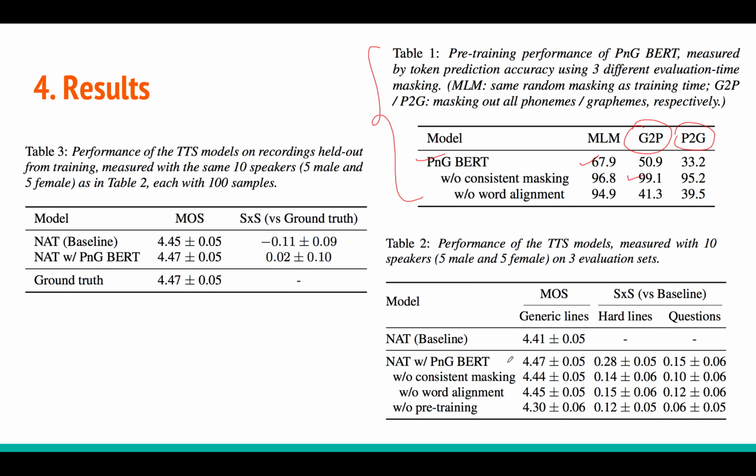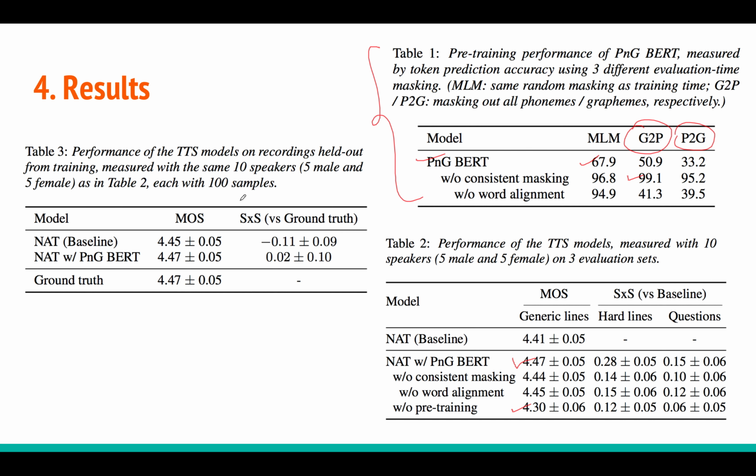If you use NAT with PnG BERT, you are getting close to or exactly the ground truth. It is like 100% of the human MOS score, right? You can also see that if you don't use word alignment, the performance goes a little bit lower. And if you don't do pre-training, then NAT combined with PnG BERT doesn't do that well because the encoder is not initialized with good weights.